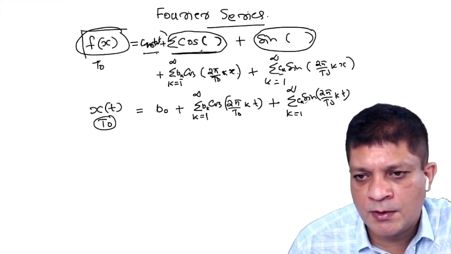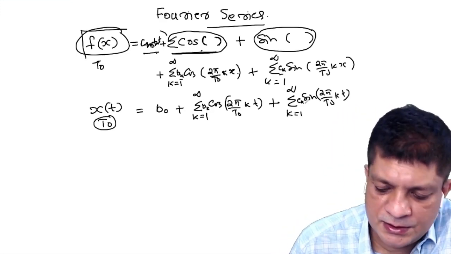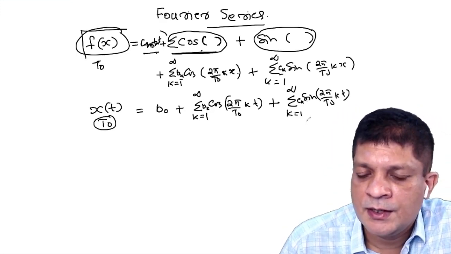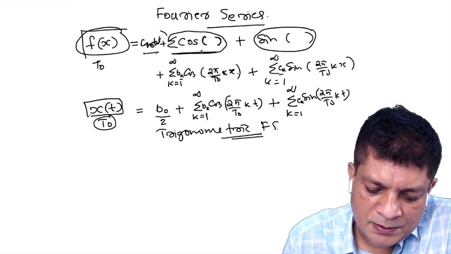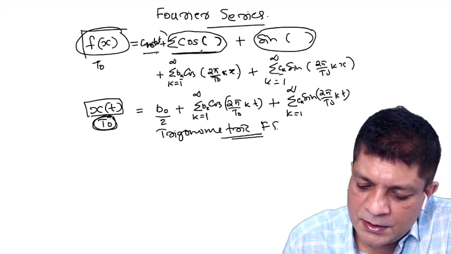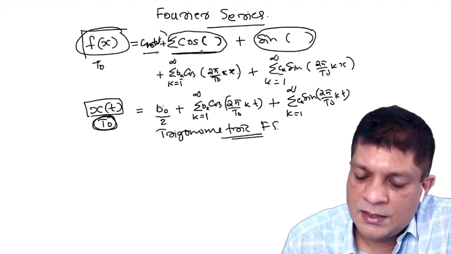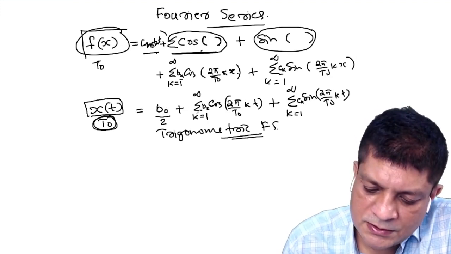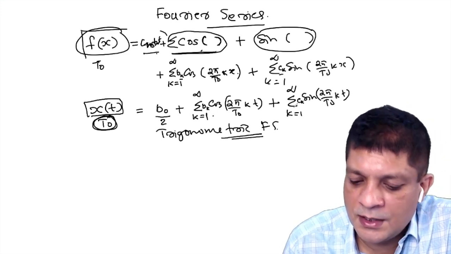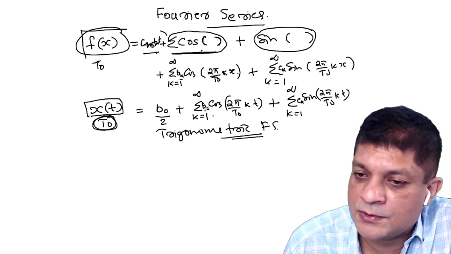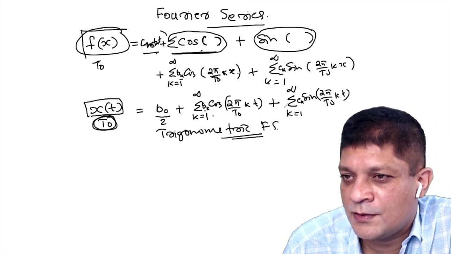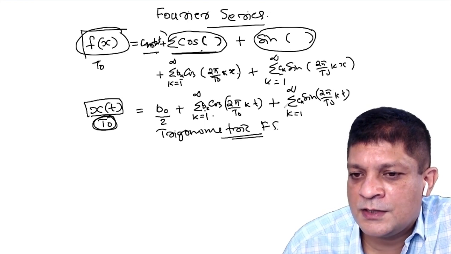This is the form of Fourier series representation you have already studied, and it is called the trigonometric Fourier series. We are expressing a periodic signal having fundamental period T naught as a constant term plus a linear combination of cosine signals and a linear combination of sine waves.